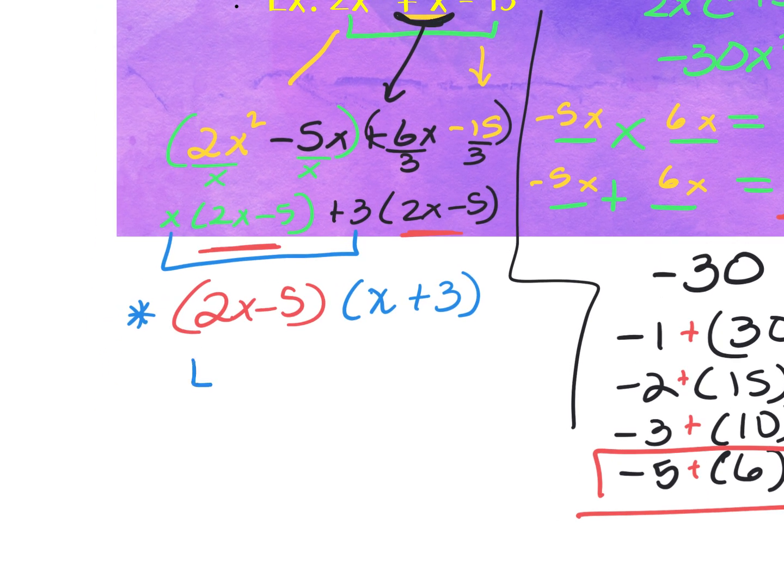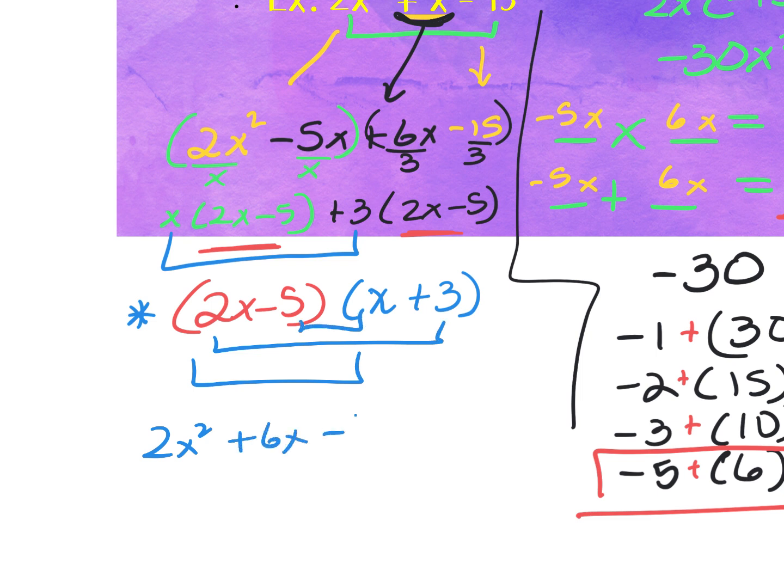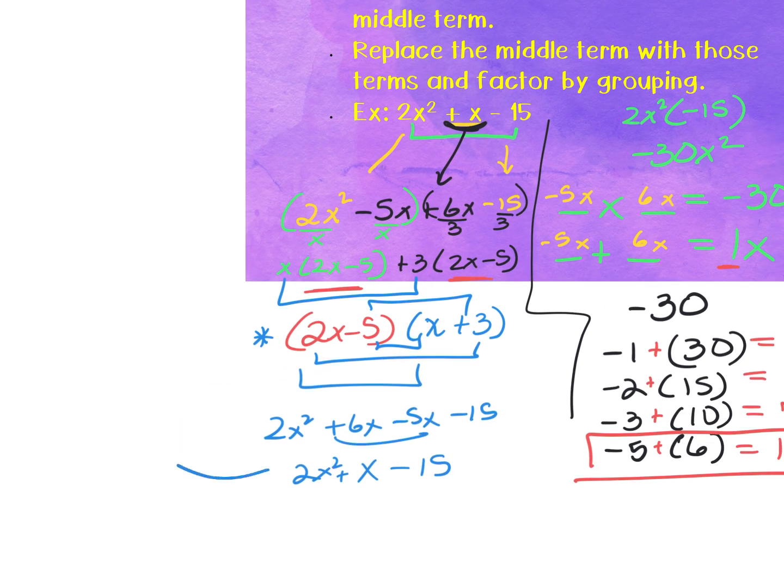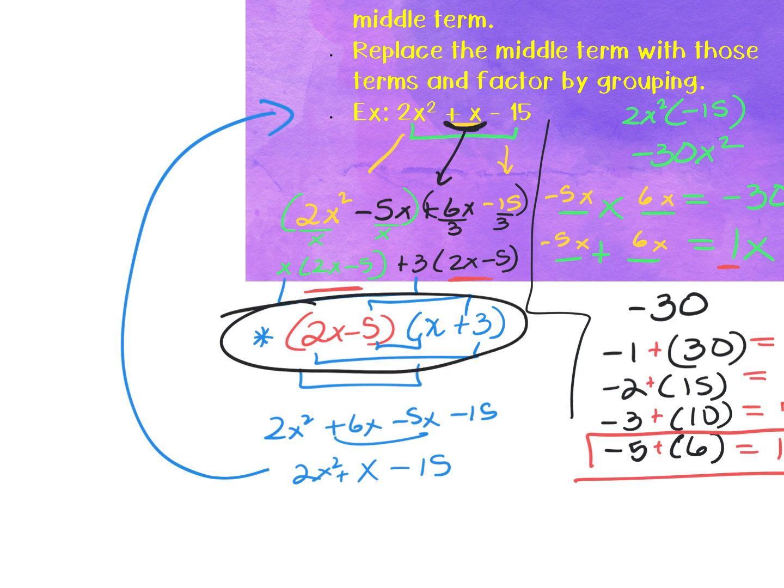So if I do a quick FOIL, 2x squared plus 6x minus 5x minus 15. Add the middles, I do get that single x, the one x that I was looking for. It did go back to my original problem, so I did find the correct answer, 2x minus 5 times x plus 3.